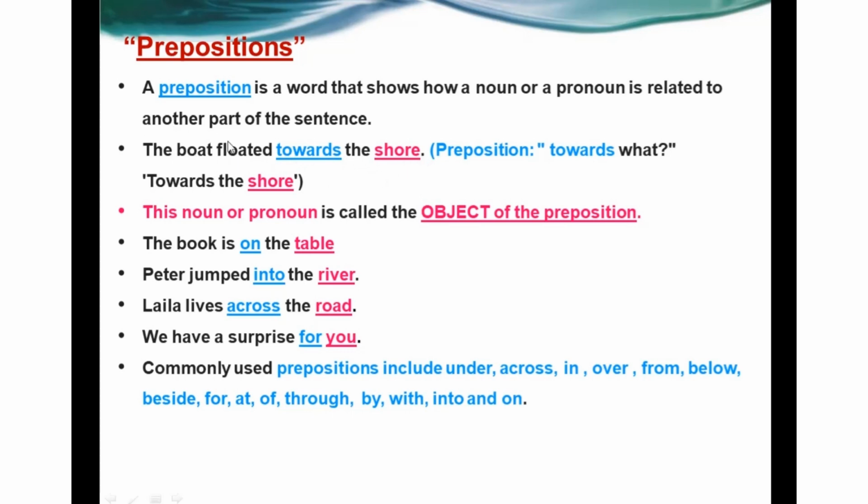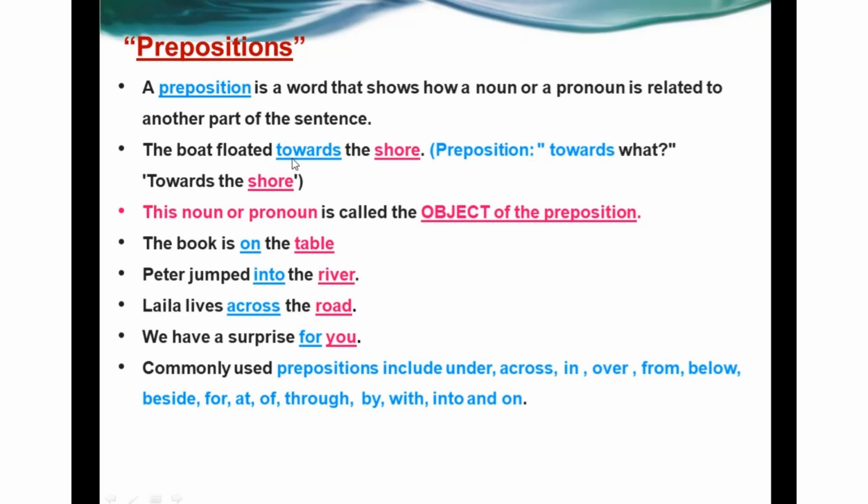This boat is one noun, the subject of the sentence. We do not have to do anything with the subject. Our main focus will be the preposition. This is the preposition of the sentence.